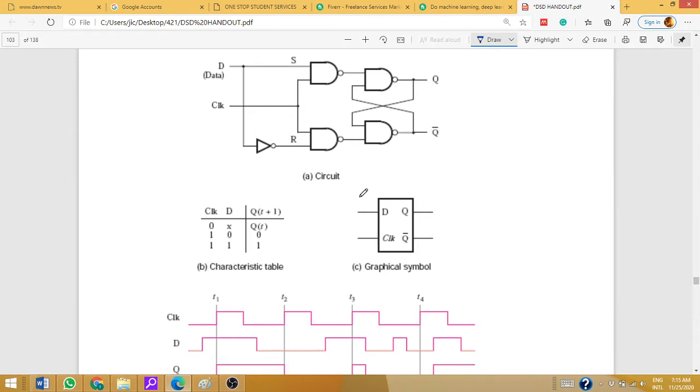This is the symbol of the D latch. You will find the clock is here, but there is no edge symbol here. Okay, this is the D latch symbol.